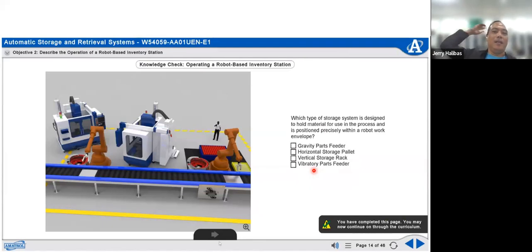Okay. Another. Which type of storage system is designed to hold material for use in the process and is positioned precisely within the robot work envelope? Are the parts uniform? You can also organize it in a cluster. What is the answer?